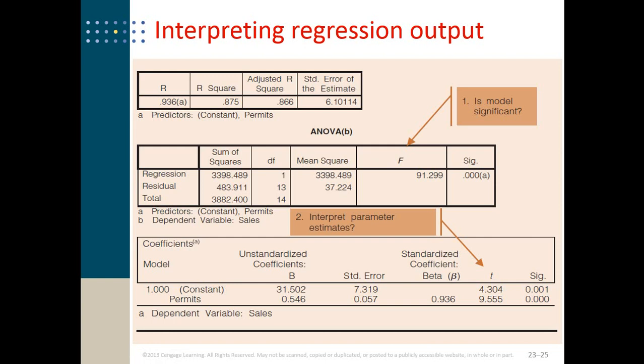Now, if we accept this null hypothesis, it means that the regression coefficient is the same as 0, so the variable doesn't have a significant influence over the dependent variable. However, if we reject this null hypothesis that the regression coefficient is equal to 0, it means that the regression coefficient is significantly different from 0, so the independent variable has an influence over the dependent variable.